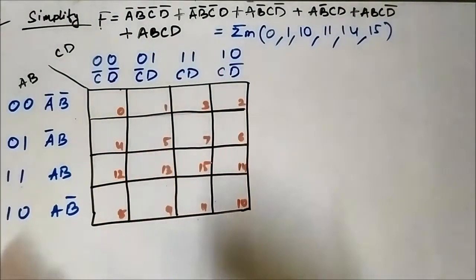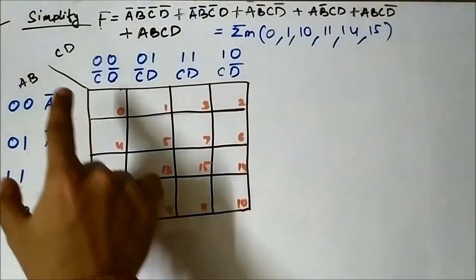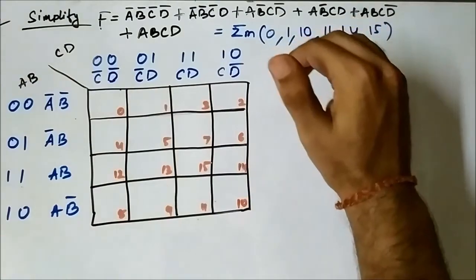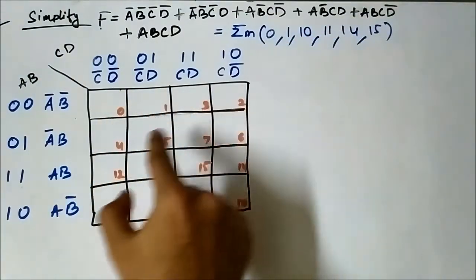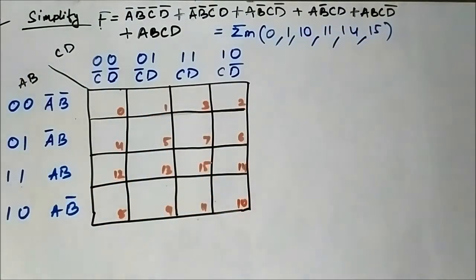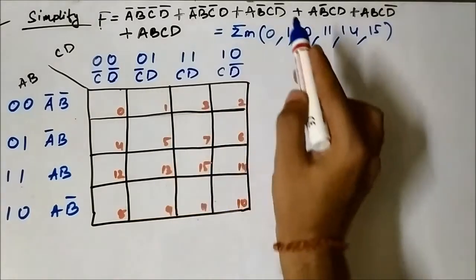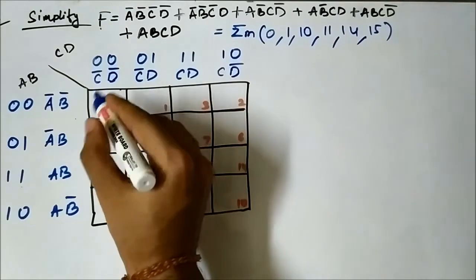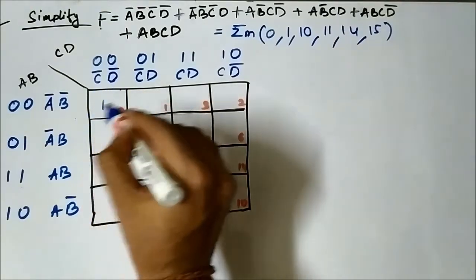For the mapping, we have the format of the K-map ready: A, B horizontal side variables, C, D vertical side variables, with all the cells marked with their respective decimal representation. So all we have to do is to mark 0, 1, 10, 11, 14, 15.